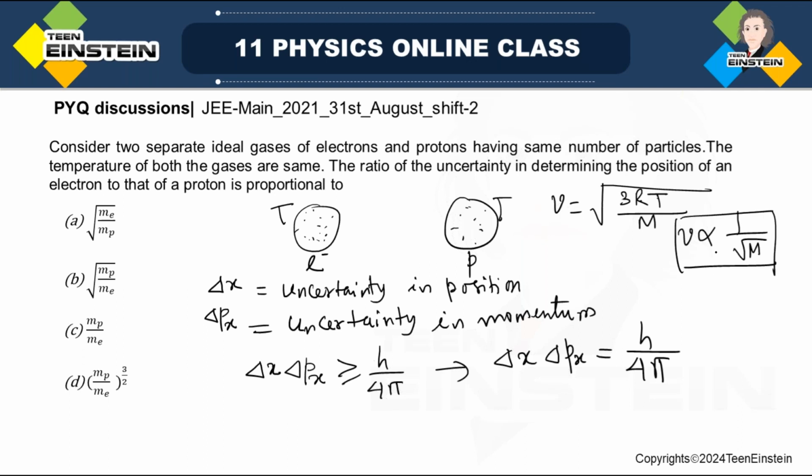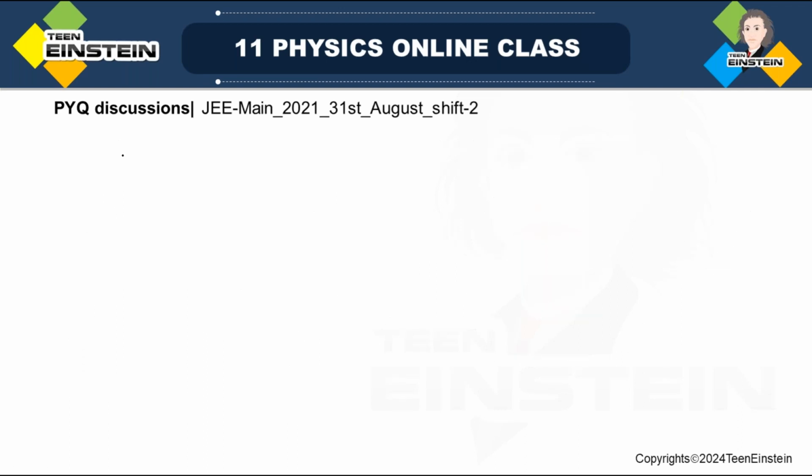Now what I have got is the uncertainty product delta x delta px is equal to h by 4 pi. That is also a constant term. See, I have to find out the delta x, the uncertainty in the measurement of position.